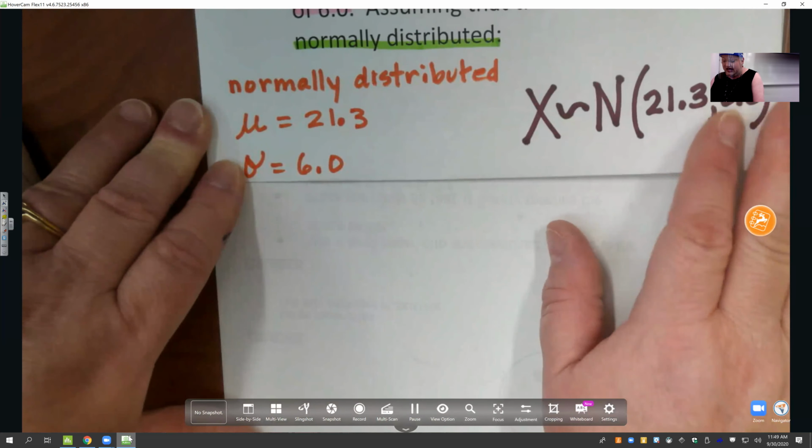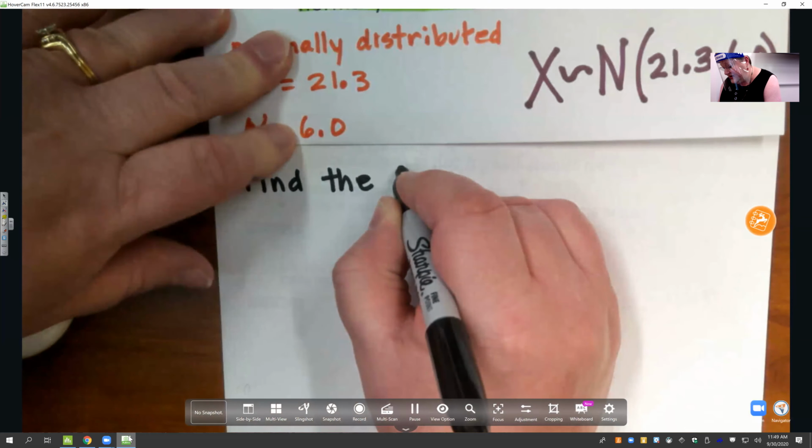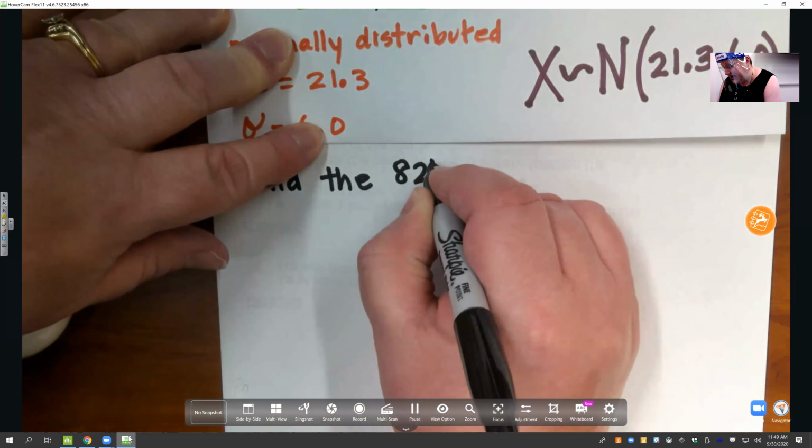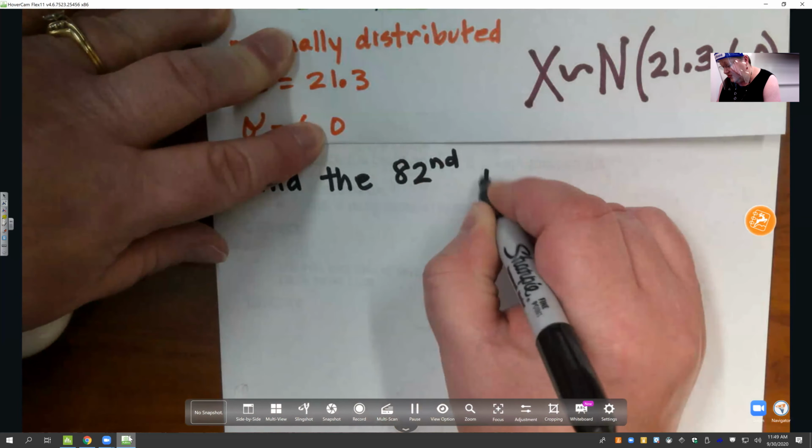But this time, it could be something as simple as find the 82nd percentile. Now, again, there's lots of ways they could word it. It says find the 82nd percentile.